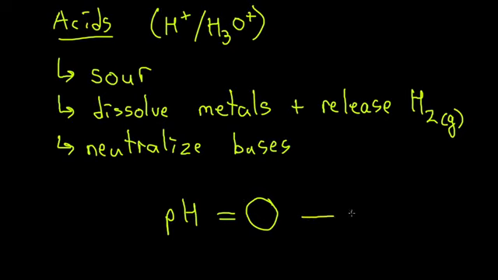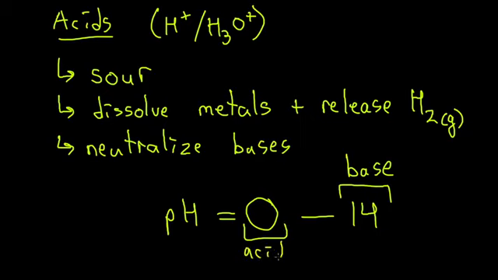And the fewer protons you have, the closer it is to 14. So 14 is going to be categorized as a base, and closer to 0 is going to be categorized as an acid. The closer it goes to 0, the stronger the acid. The closer it goes to 14, the stronger the base. And exactly in the middle at 7, we're going to have a neutral compound.